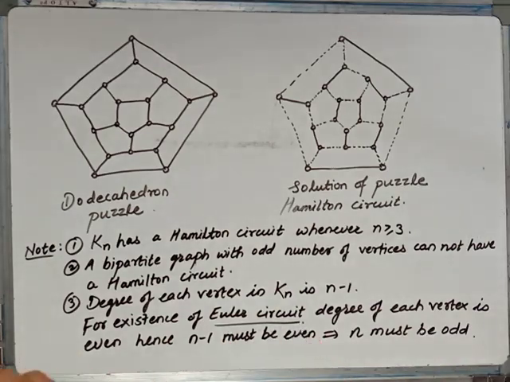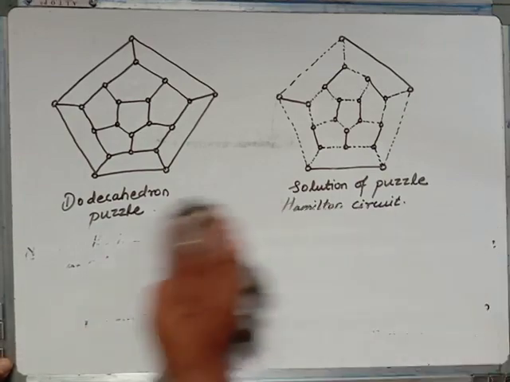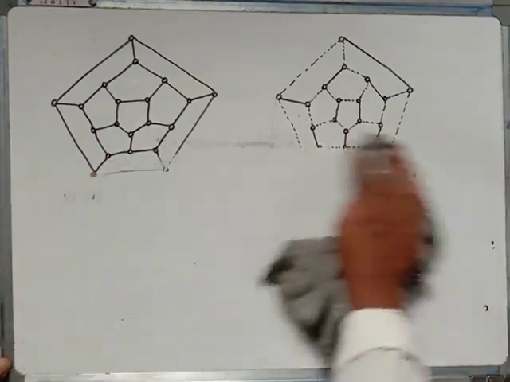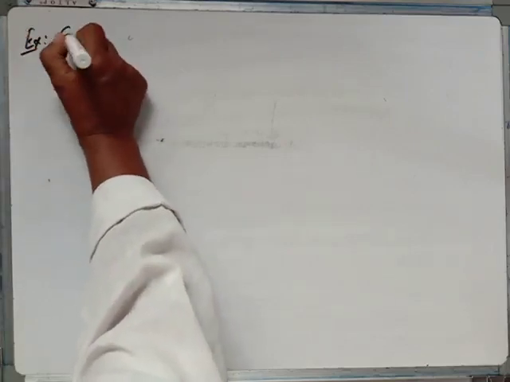Okay. Now let me give some examples of connected graphs that satisfy the conditions. Now what are the conditions? Let's see. Suppose we have to give an example.